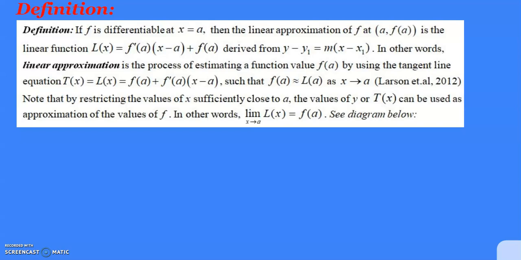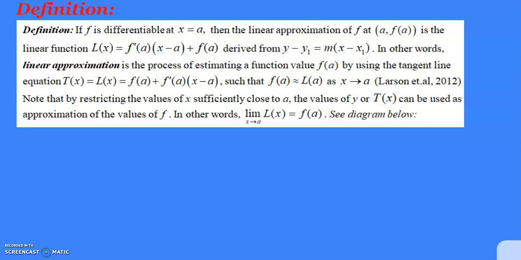In other words, linear approximation is the process of estimating a function value f of a by using the tangent line equation, such that f of a is approximately equal to L of a, the linear function or tangent line function, as x approaches a.